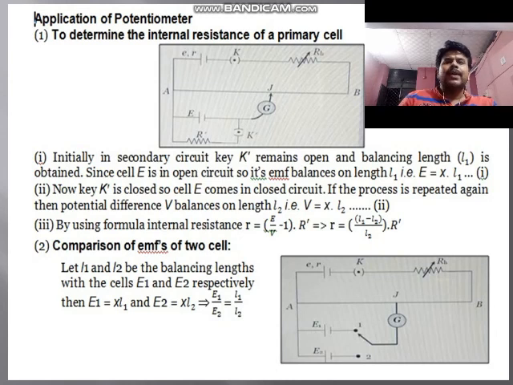Accordingly, E1 is equal to X times L1 and connect galvanometer with the point 2, which is connected with the cell of EMF E2 to get the expression E2 is equal to X times L2. Dividing these two expressions, we get E1 upon E2 is equal to L1 upon L2.